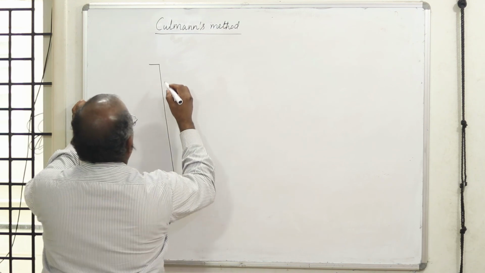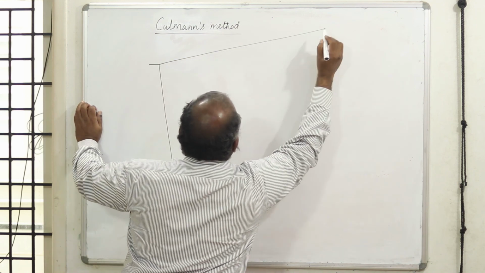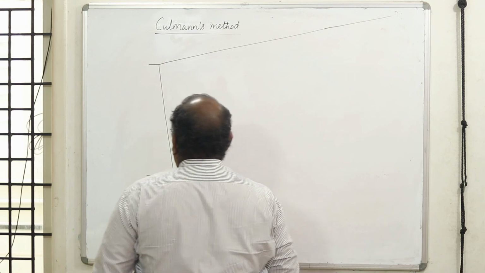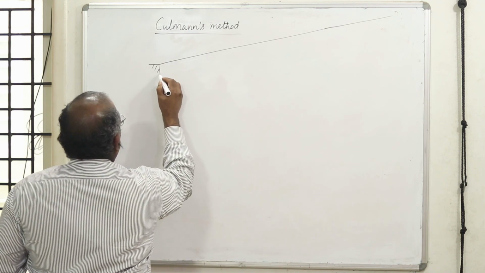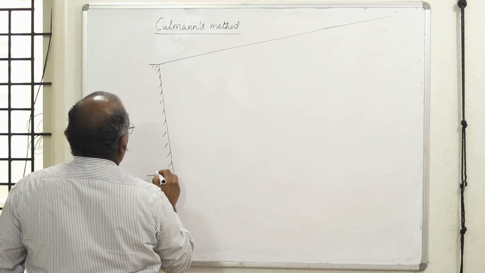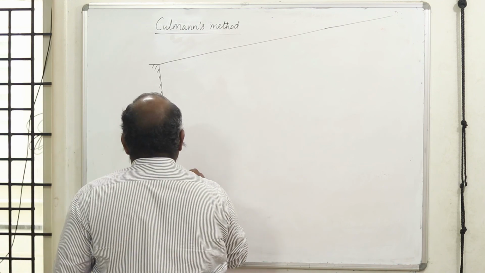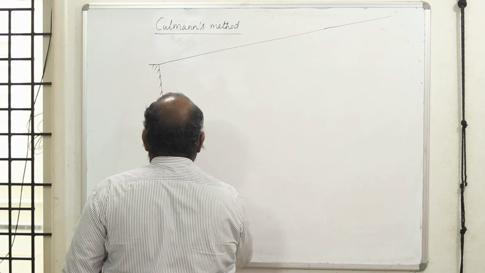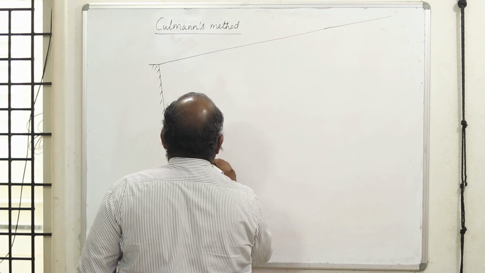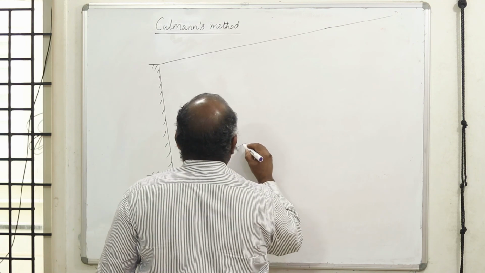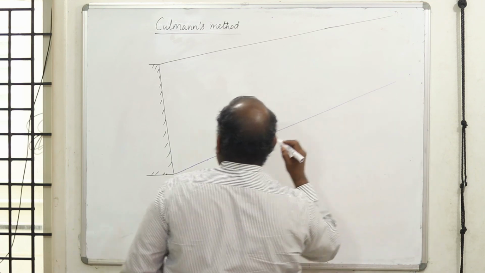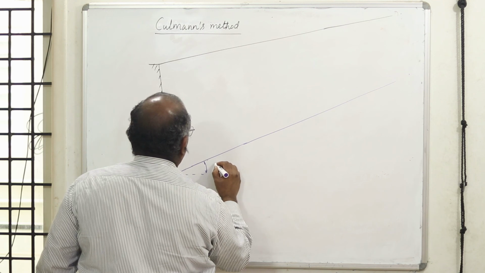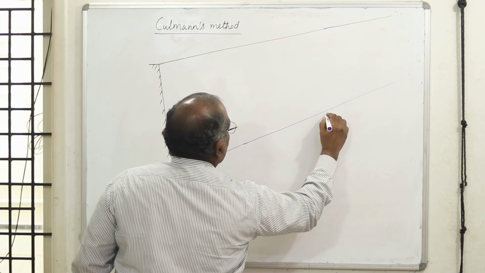If this is the retaining structure, this is the ground line. Now, as usual, we draw a line, let me draw a line. This is the phi line.